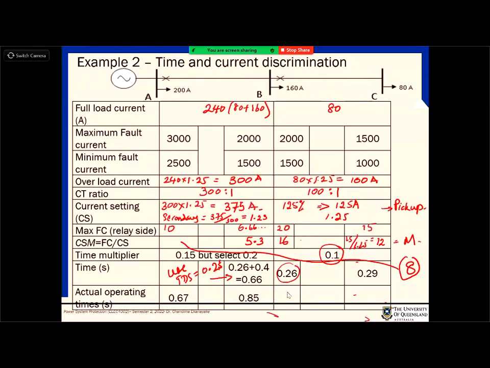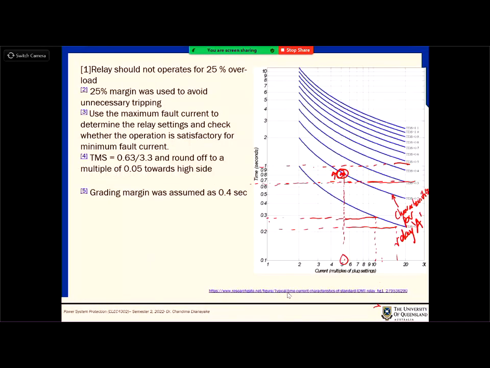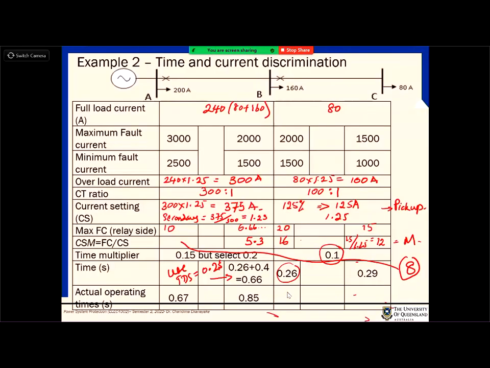Now, once you have the TDS, the second curve, we need to go back and look at the actual operating time, because it is not 0.66 anymore, since we moved the point a little bit upwards onto this curve. Therefore my actual operating time is somewhere here, which you calculated as 0.85.